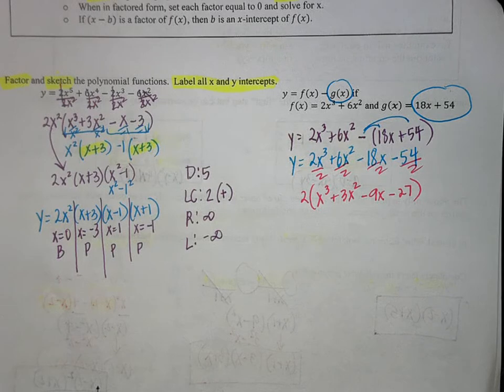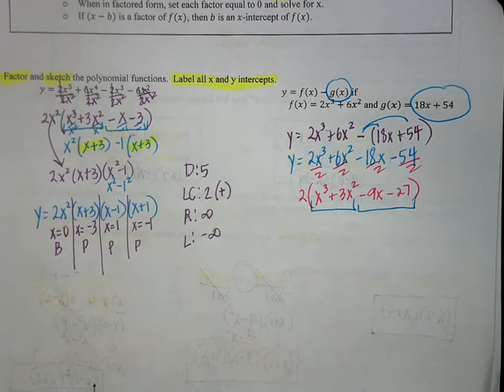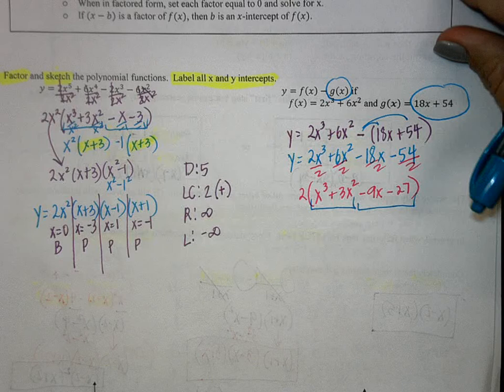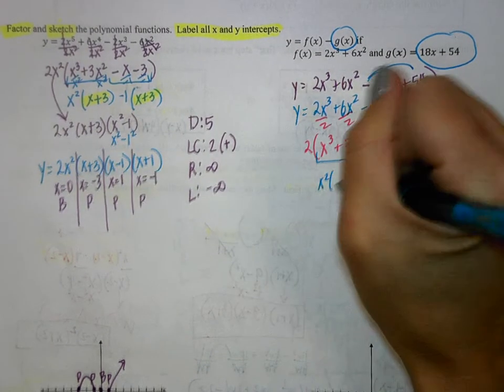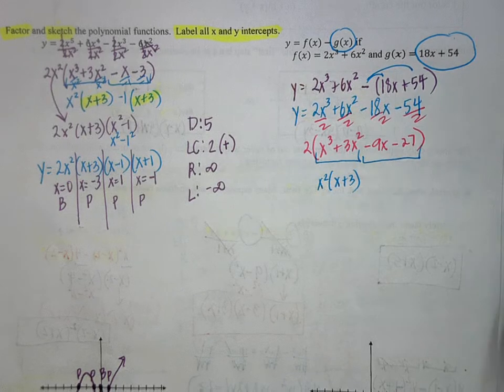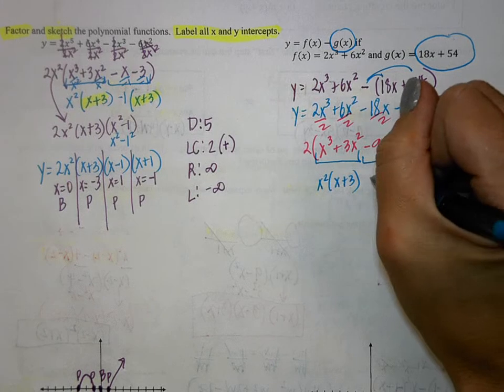Since I have 4 terms, we are using the method factoring by grouping, which means we group the first 2 and the last 2. What is the GCF with the first group? X squared. Very good, x squared. And I'm left with? Very good, x plus 3 is correct. What is the GCF of the second group? -9.